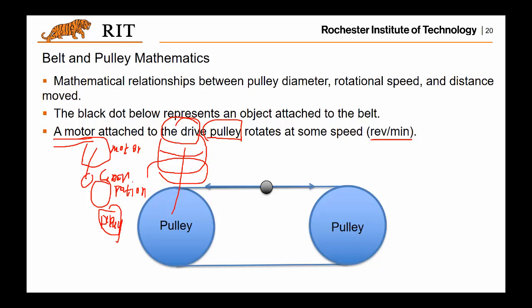For example, in this case, I maybe draw this one bigger and this one smaller. If this gear rotates one turn and this one rotates 3, then the pulley will also rotate 3 turns when the motor rotates 1 turn. So that depends on how you connect the motor to the pulley, if there is a gear system or not. That needs to be considered.